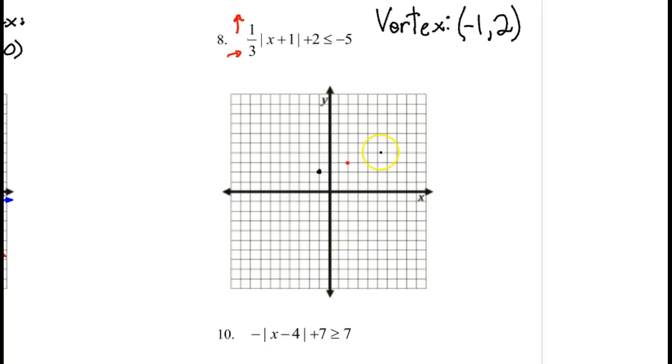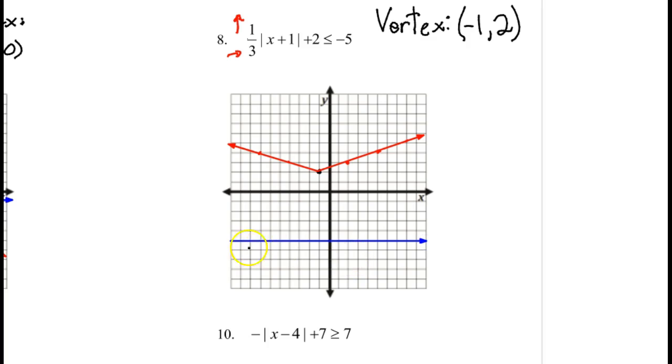Up 1. Okay, there we go. Straight edge. There we go. Okay. And our answer line, that -5. Okay, so it's 1, 2, 3, 4, and 5. Halfway down.